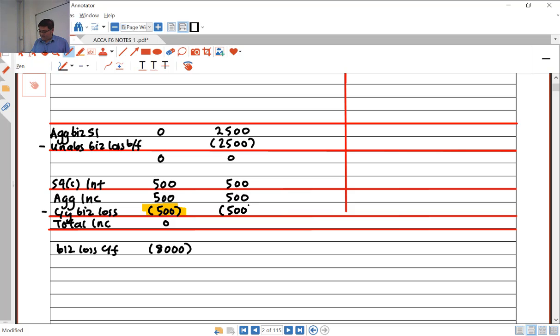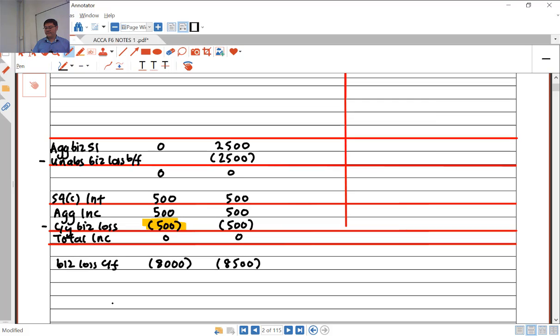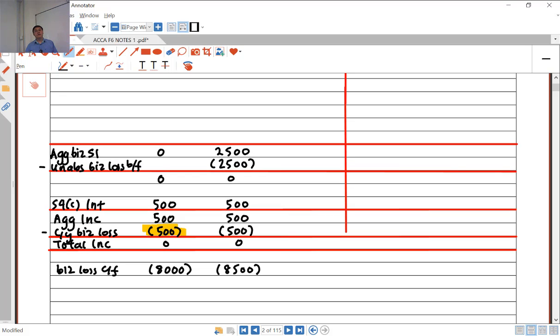I make loss, so I can claim 500, so 0. So what is the loss that you can carry forward right now? Do you get 8,5?